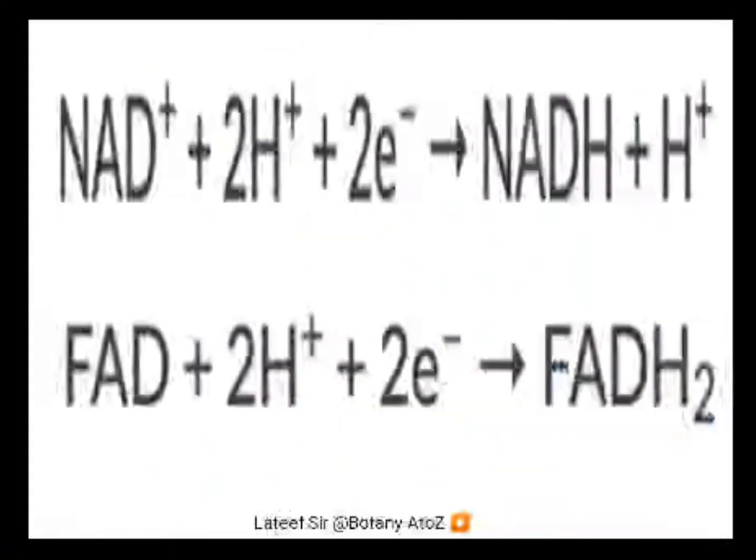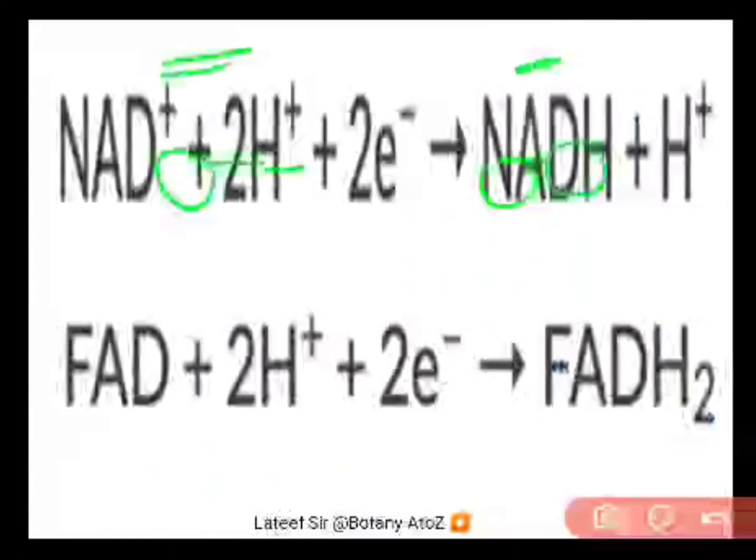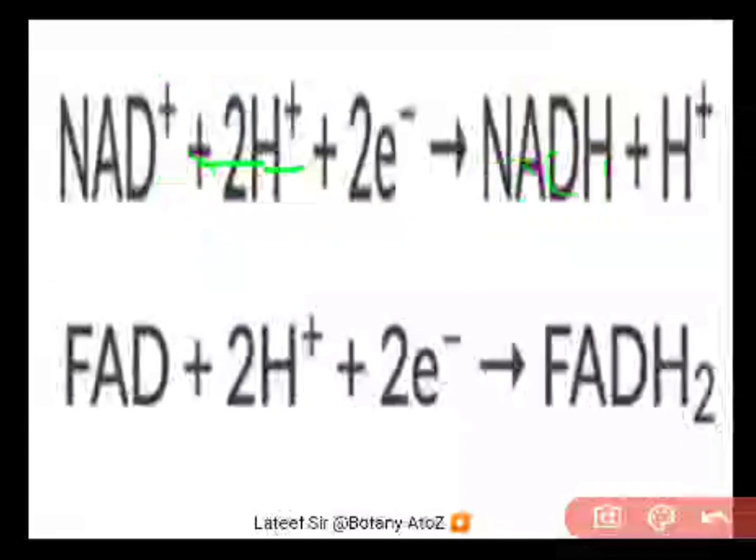Now, when you provide FAD with 2 electrons and 2 protons, these 2 electrons will be used to convert these 2 protons into hydrogen atoms. In the aforementioned case, you had 2 electrons and 2 protons, but one of the electrons had to be used to cancel out the positive charge on NAD.